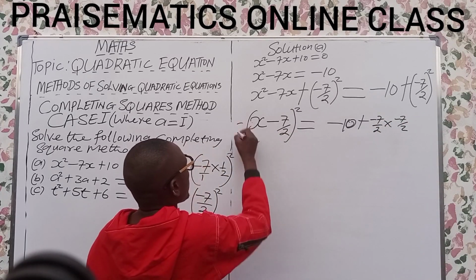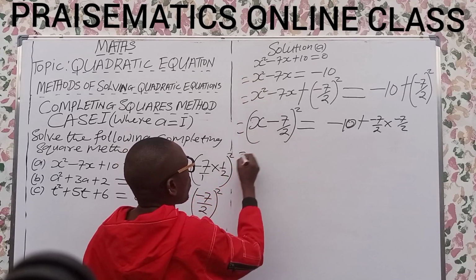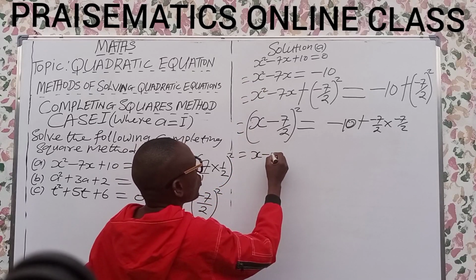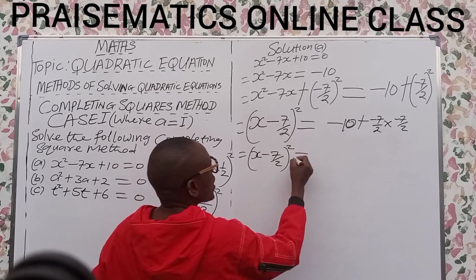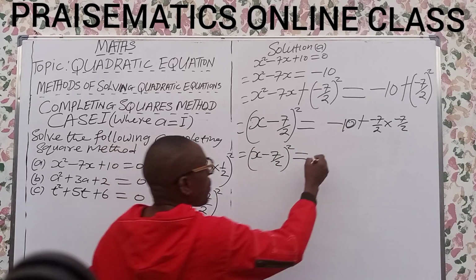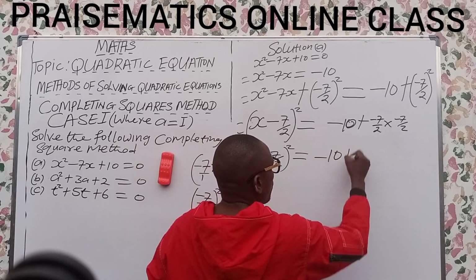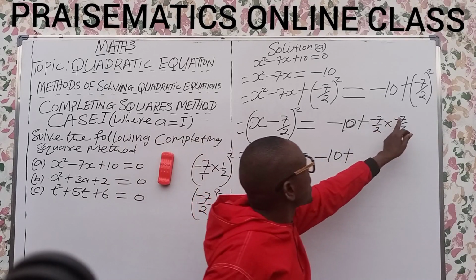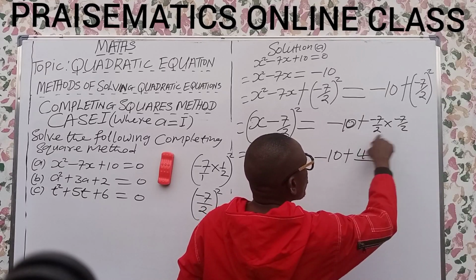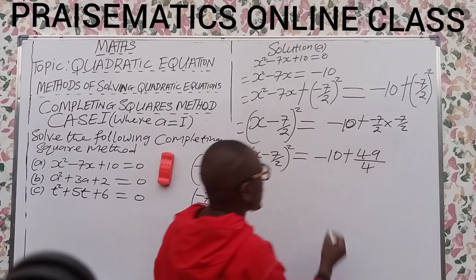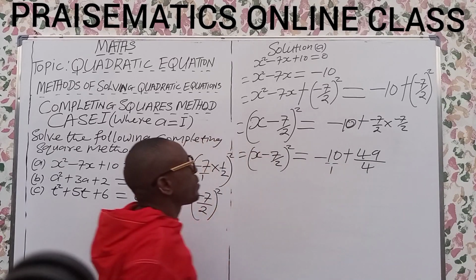So what do we have? x minus 7 over 2 all square is equal to minus 10 plus 7 times 7, which gives 49, over 2 times 2, which gives 4. And this minus 10 is like over 1.